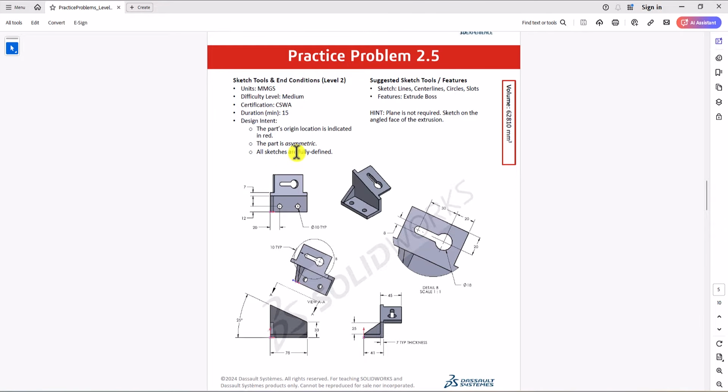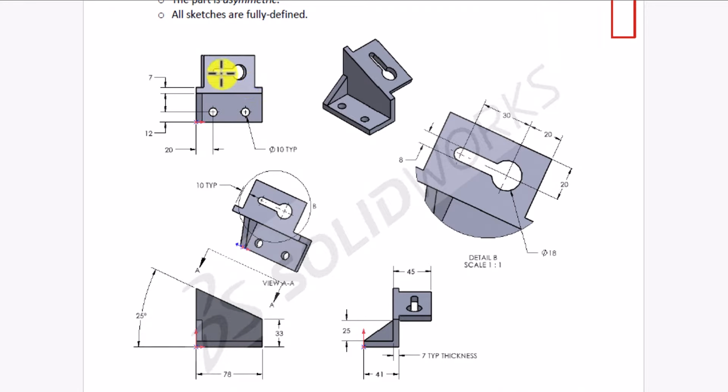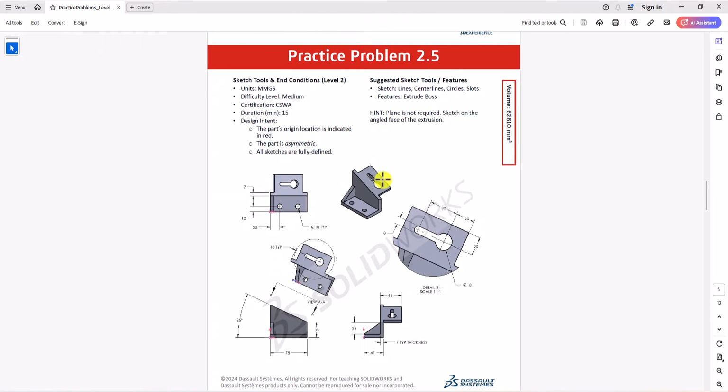You can see different features in different locations, and you can see different views in this question. You can see the top view here, the front view, the right view, and we also have detail B, which is showing some dimensions regarding the top surface. The way I want to approach this question is that first I want to focus on the base of the geometry.